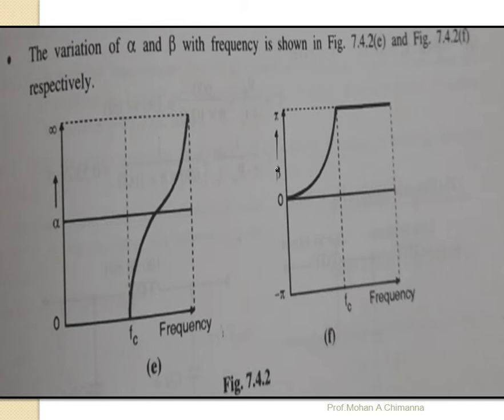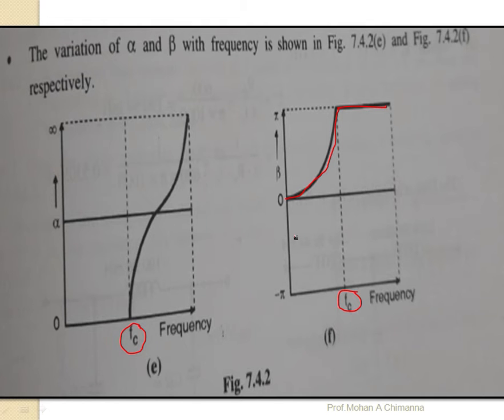Here is the alpha and here is the beta, with the frequency plotted with respect to the cutoff frequency, from 0 to plus pi and 0 to minus pi. In 0 to plus pi, the phase shift is 180 degrees. The phase increases up to the cutoff frequency, and after that it becomes constant.